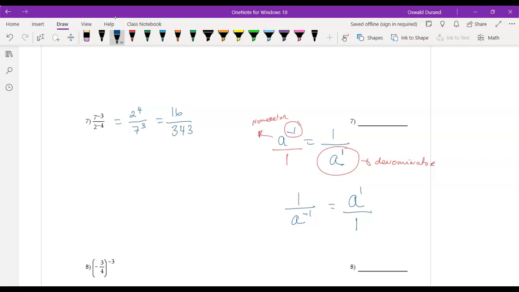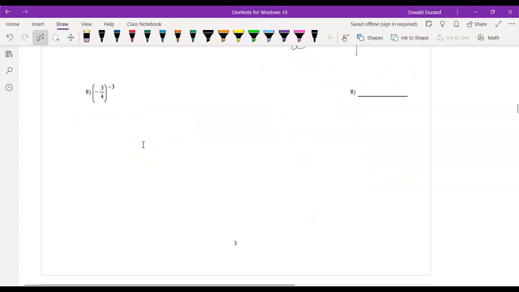Okay, so that's a trick that you can use with negative exponents, right? And you might want to use it in certain cases. Now, in this case here, it's a little bit different. So you have a fraction raised to the power of negative 3. So you use the same concept that we used earlier, but now it's a little bit different.